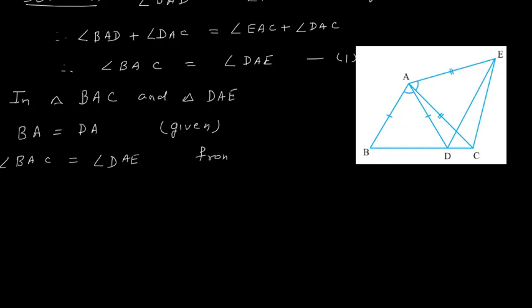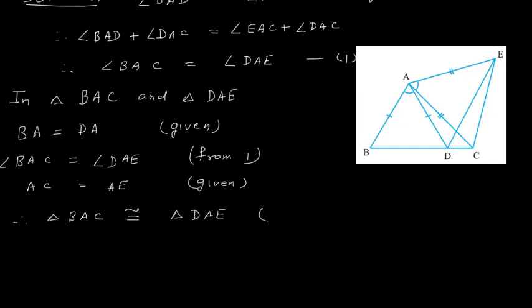In equation 1 we have found this. And the third side AC is equal to side AE. This is also given. So I will say that therefore triangle BAC will be congruent to triangle DAE.